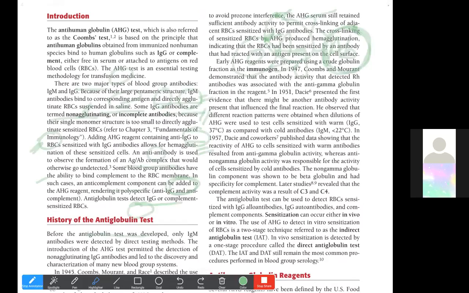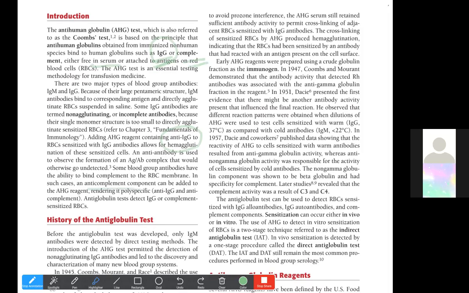It is an anti-antibody, in the way that it is an anti-IgG, that will detect the IgG, which may be bound to the red blood cells in the direct Coombs test, or it may be free in the serum, in which case it might be detected as the indirect test. And this not only binds to the immunoglobulins, but it can also bind to complement factors.